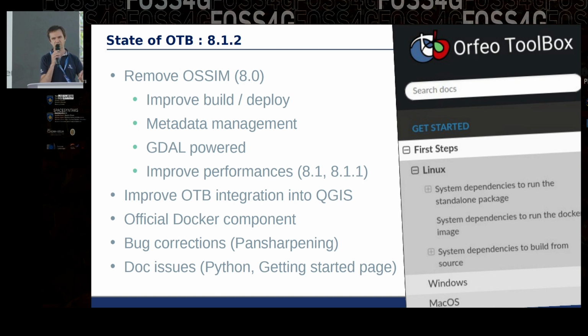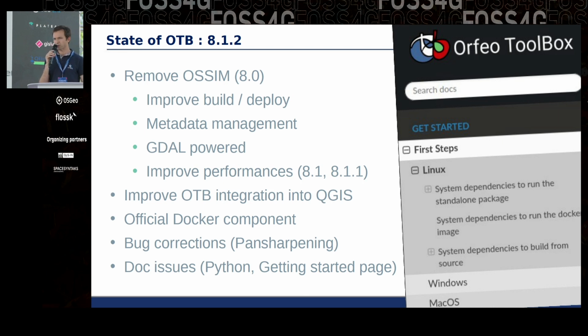We were only using a small part of that library. It was heavy to maintain, and now OTB is really powered by GDAL for reading and managing digital elevation models, for example, and part of metadata management too.